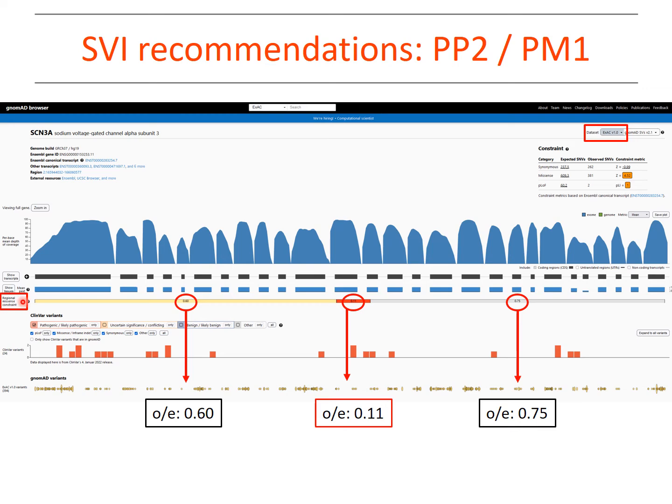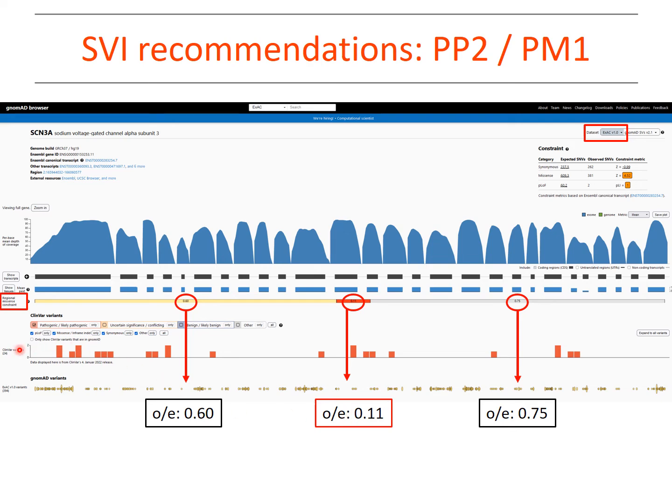And what you can see here is that the gene is divided in 3 parts. This part here, which is not very constrained. This very small part here, which is highly missense constrained, you have an observed versus expected of 11%, and this part here, which is not constrained at all. So in this part of the gene, you have very few missense variants observed versus expected.